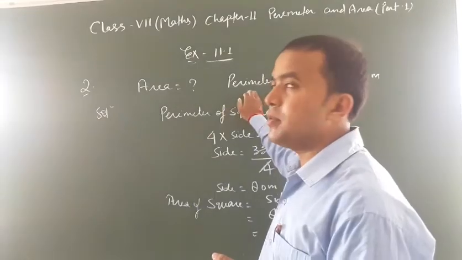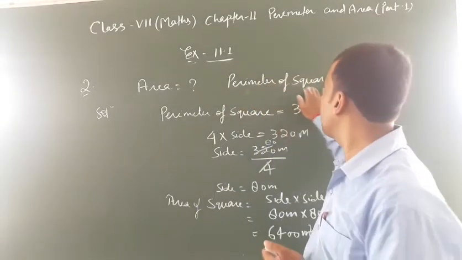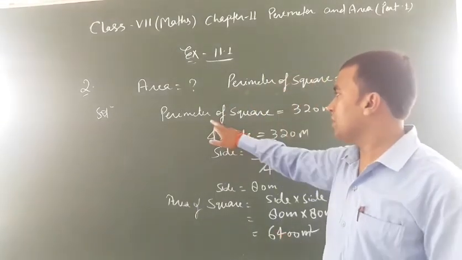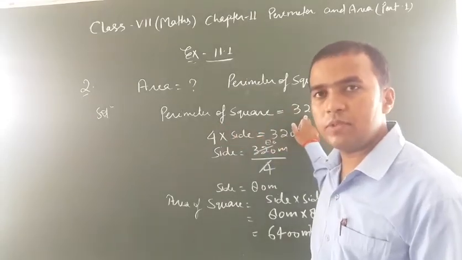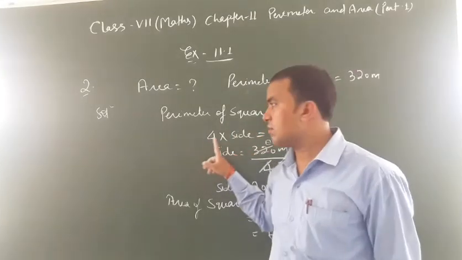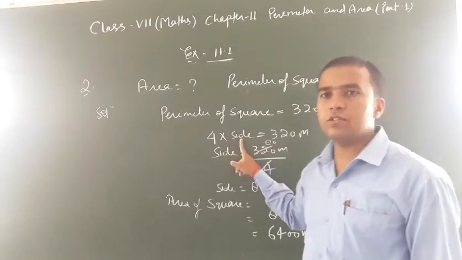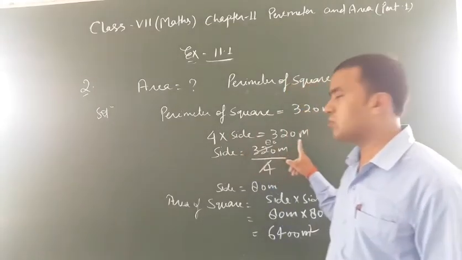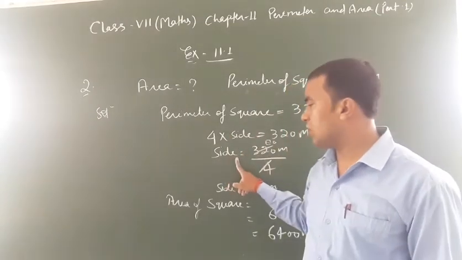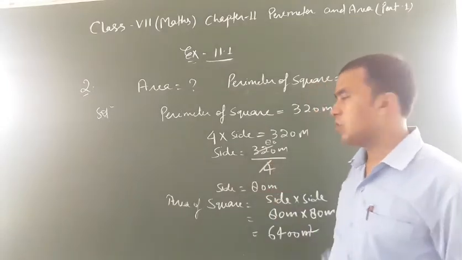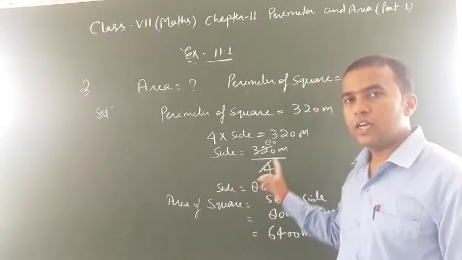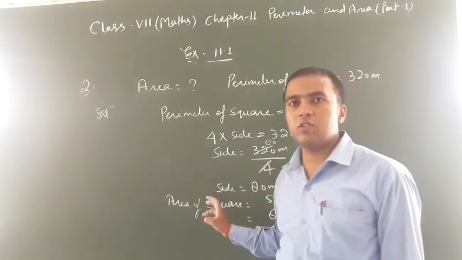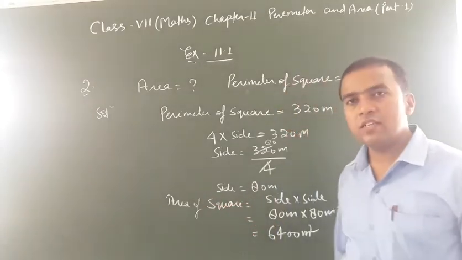Here the perimeter of square equals 320 meter. We know the formula: perimeter of square is 4 into side. 4 into side equals 320 meter. Side equals 320 upon 4, which is 80 meter. So the value of side equals 80 meter.